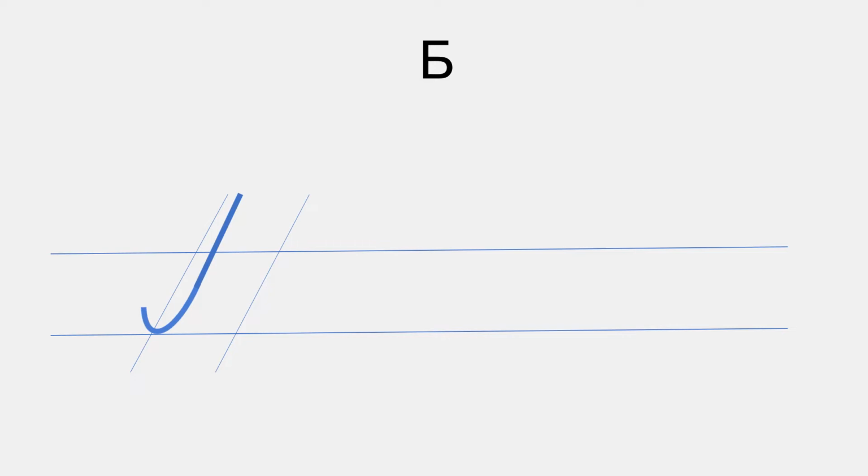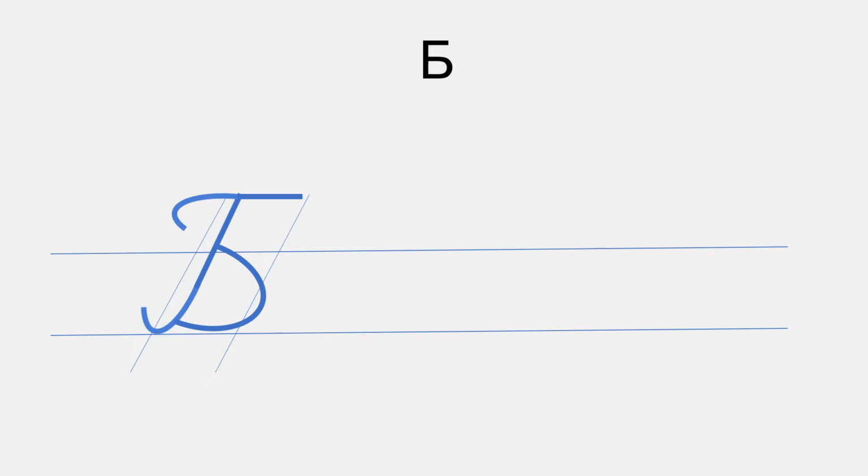I write this stroke from bottom to top, and then I finish with a horizontal, downward-looking hook. So these are my first two movements. Next, I finish it with a half oval, half circle, like that. And this is my letter B.